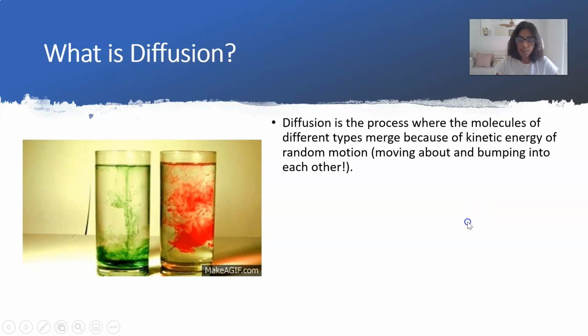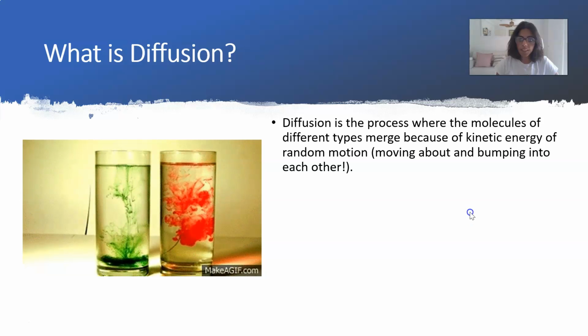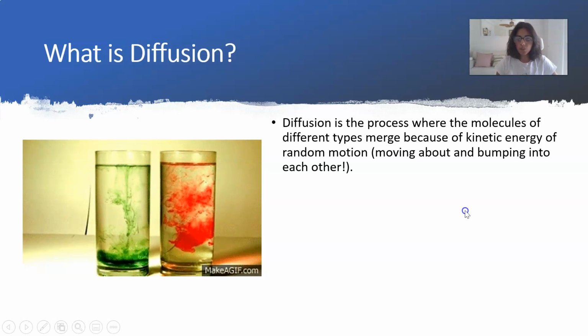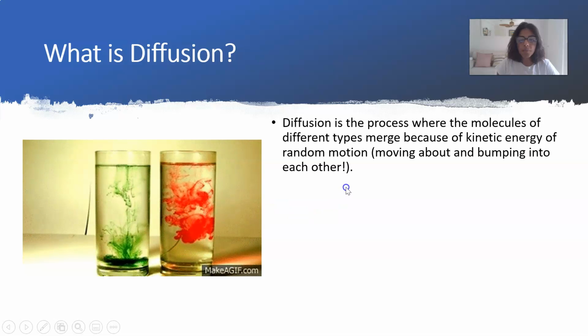So the definition of diffusion is the process where particles or molecules of different types merge because the kinetic energy is random. So what we're saying is these particles are all bumping into each other and moving in different random directions.